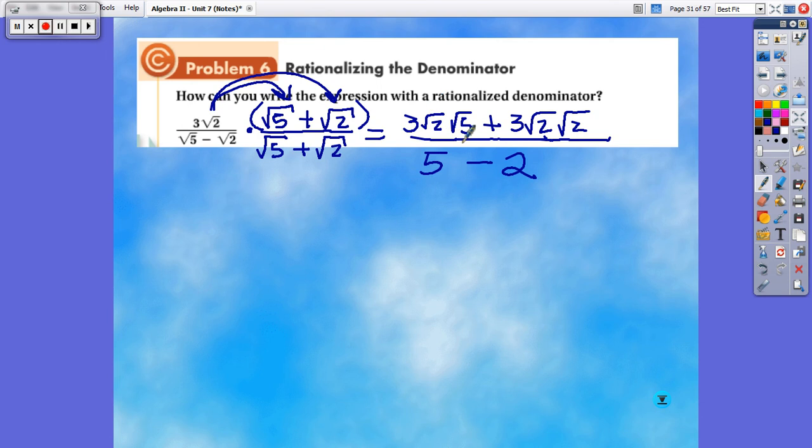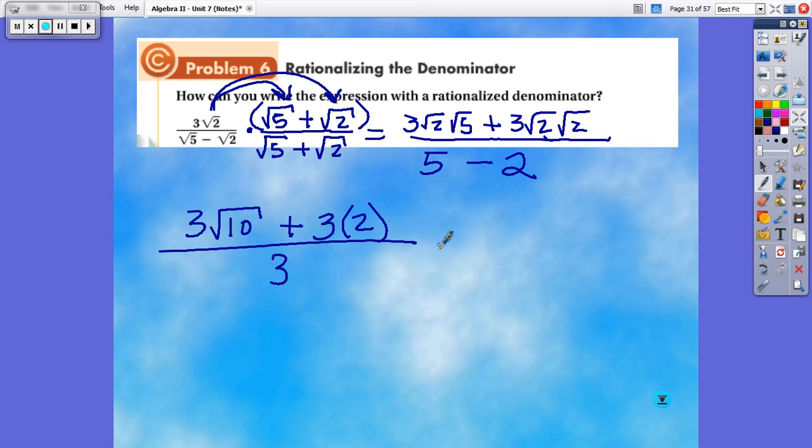We know from the last section that we can multiply when things are next to each other and they have the same index. So this is going to be 3 times the square root of 10 plus 3 times the square root of 4, which is 2, so I'm really going to multiply 3 times 2, divided by 3. So that's going to be 3 root 10 plus 6 over 3.